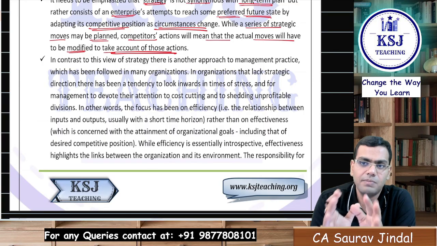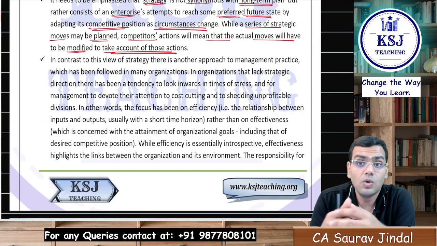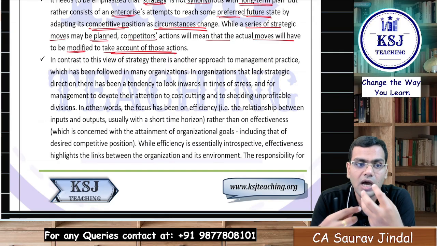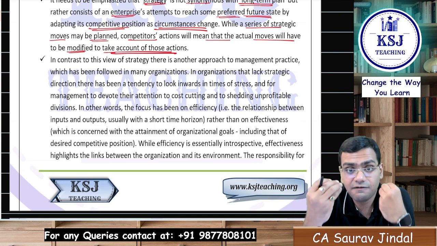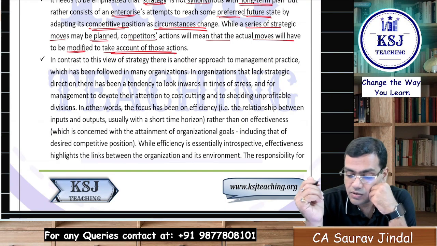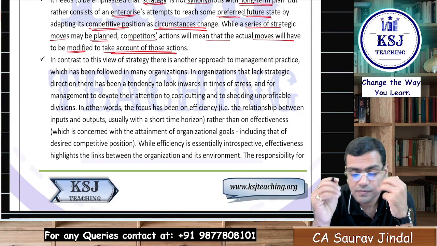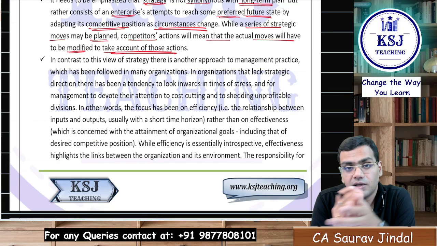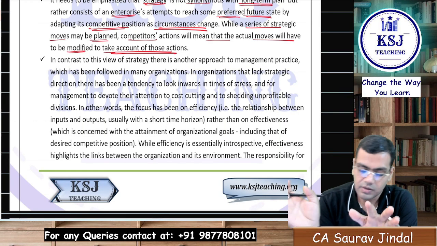Okay, we have formulated a very good strategy, but do our internal processes, means our input output operations, that efficient that we will be able to achieve the desired results of the strategy or not? Clear? Now again, in this particular part, we cannot focus only on the efficiency. Okay, I'll come to that later on.